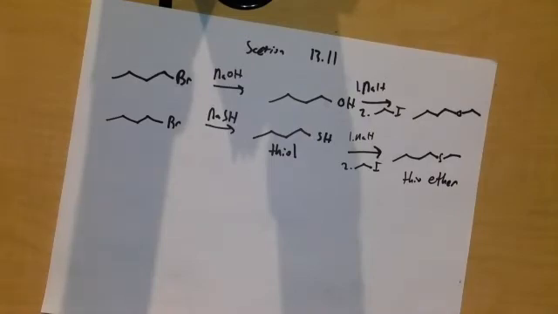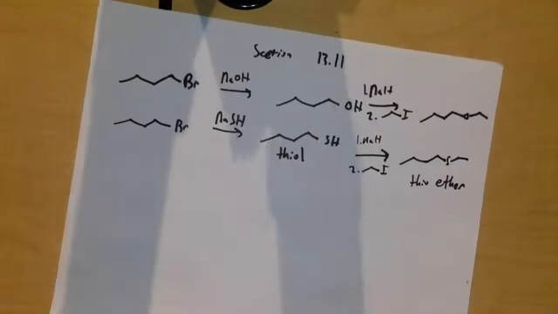We learned about how to make an epoxide in chapter 8 very briefly, and that was through MCPBA.